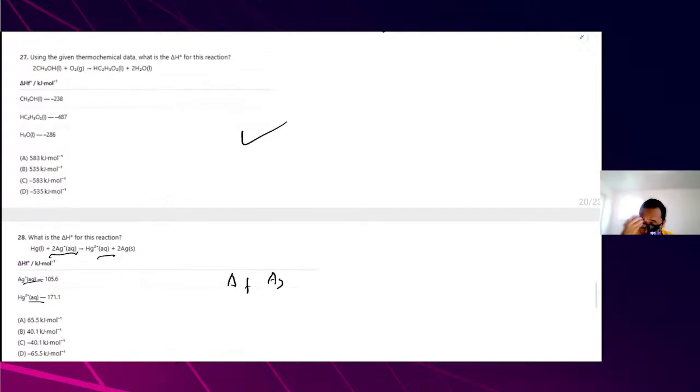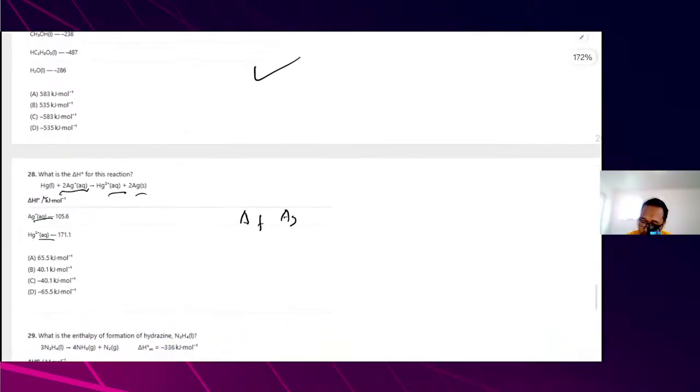For the solid and liquid, we can assume they are 0.